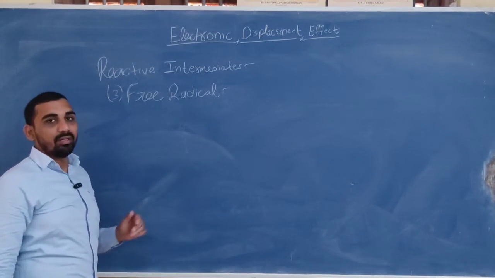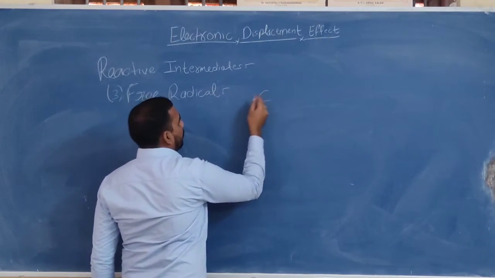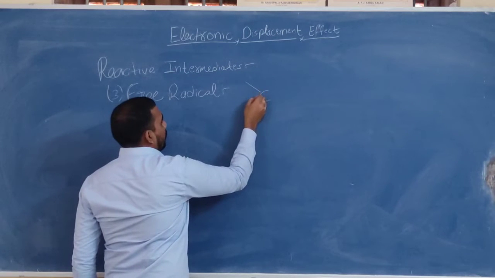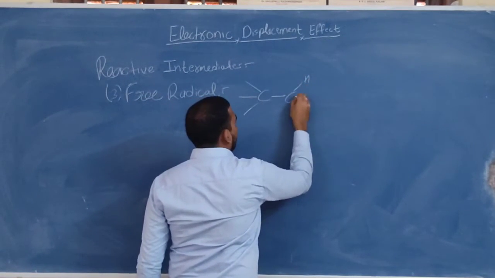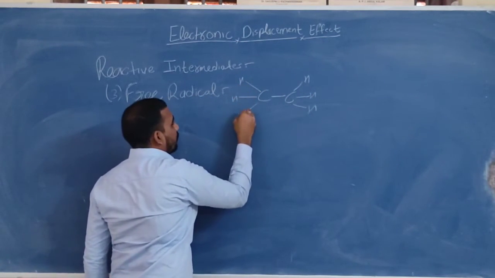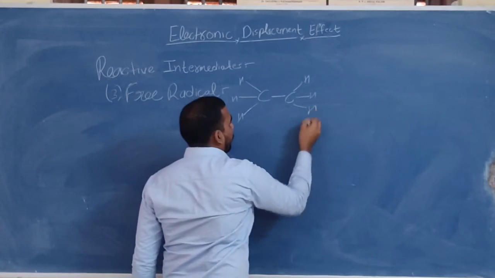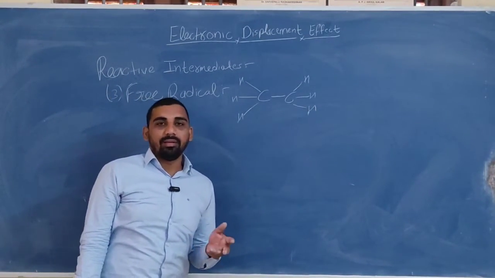Next is the free radical. What happens here? Let's suppose we have a bond between carbon and carbon, say ethane. These free radical reactions mainly happen in the presence of light.